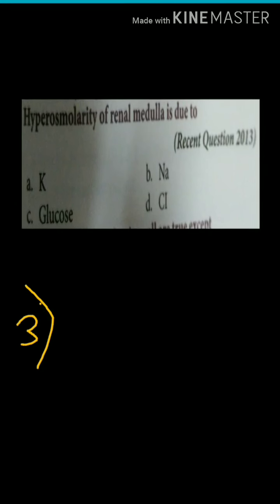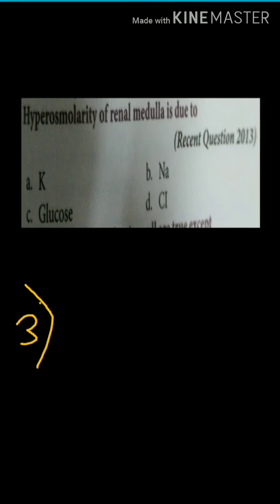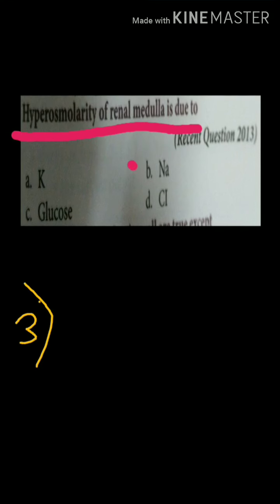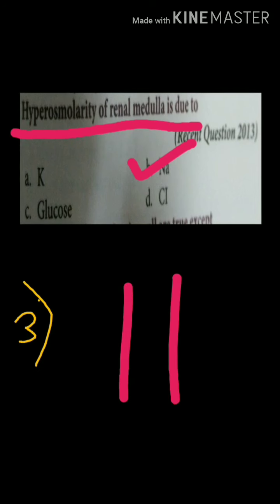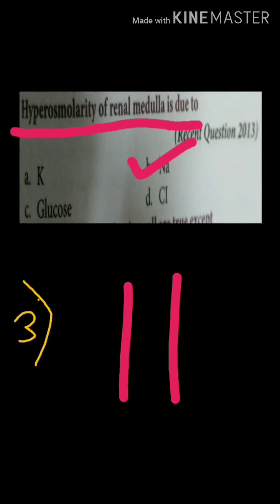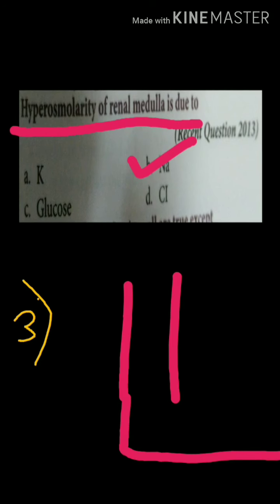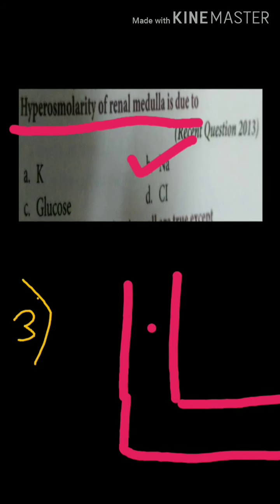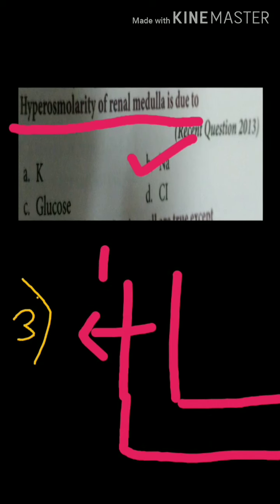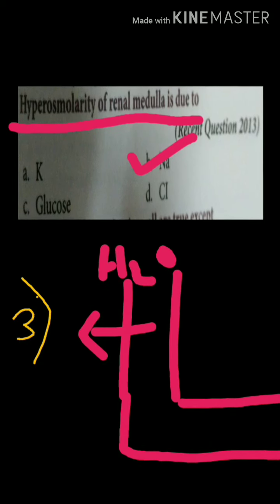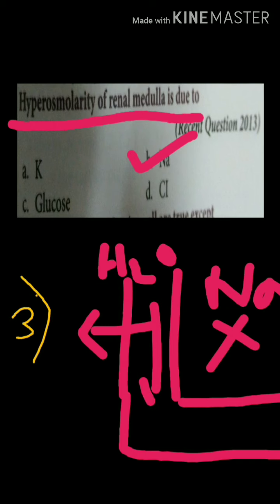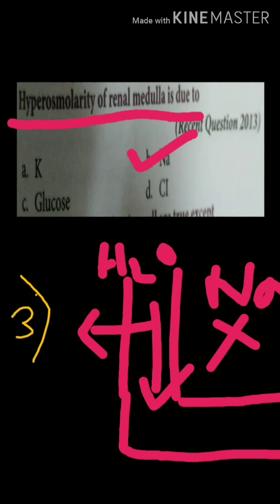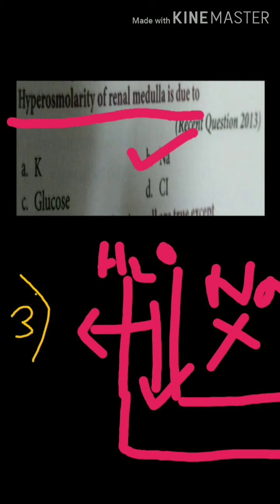So the third question is, hyperosmolarity of renal medulla is due to? Obviously it's sodium. Why sodium? Because we have seen that in the descending loop of Henle the main concentration of the urine takes place, and as in the descending loop of Henle water is permeable and sodium is impermeable, hyperosmolarity occurs in the renal medulla due to sodium.